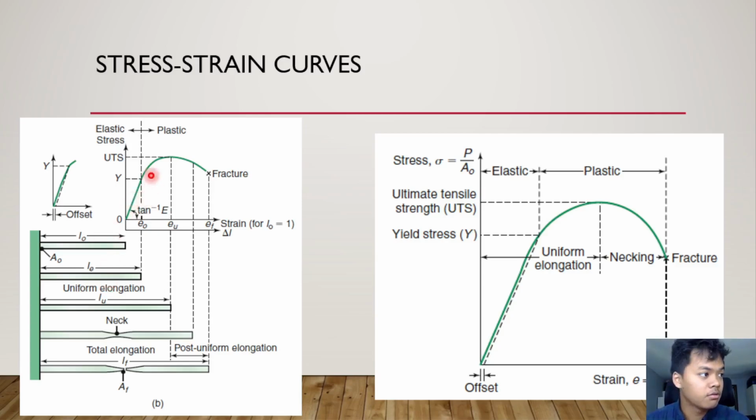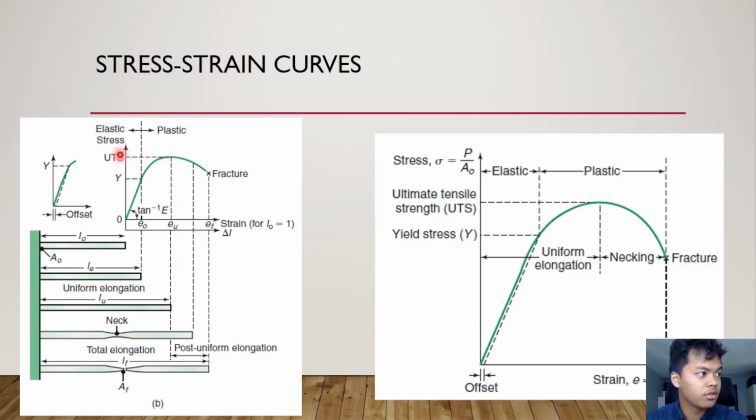However, if we apply load past this point, all the way up here, the specimen would deform plastically, which means it would not snap back to its original length, hence the plastic.